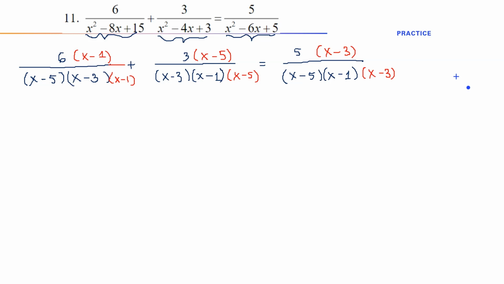So the restricted value will be x different from 5, x different from 3, and different from 1. Why? Because when you plug 5 in x, at the bottom we have the factor x minus 5 equals 0.